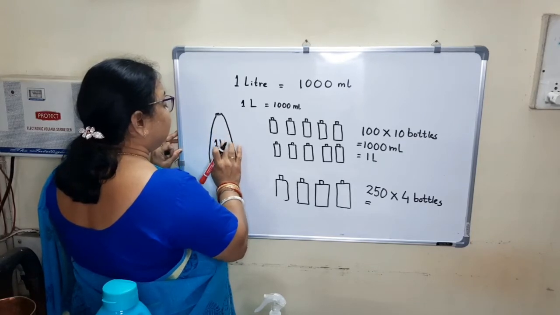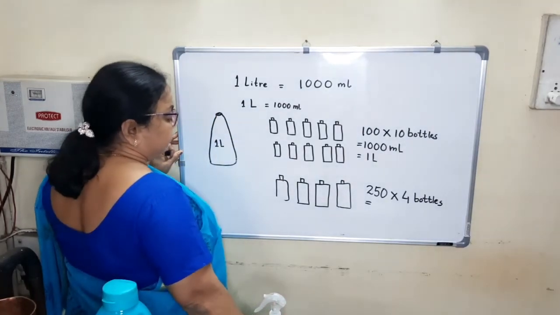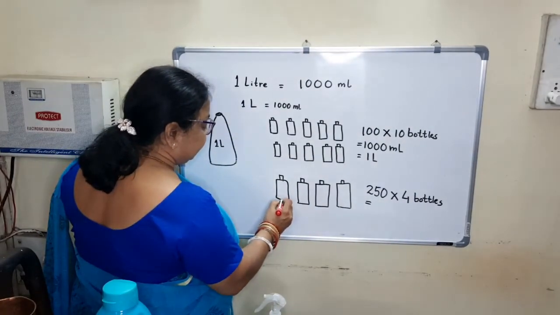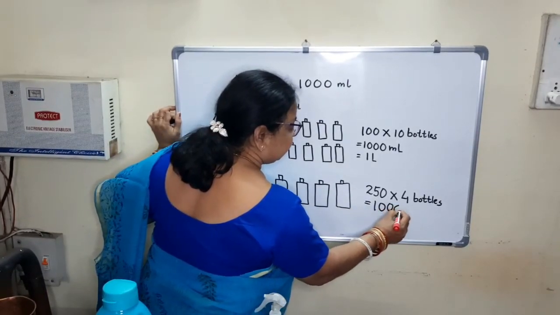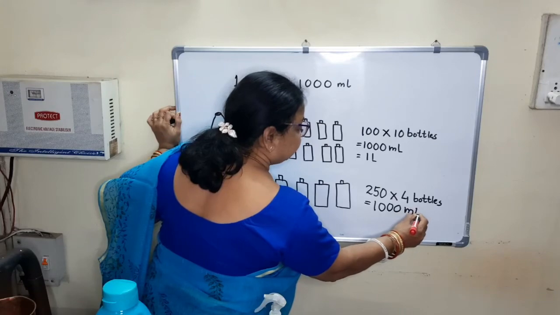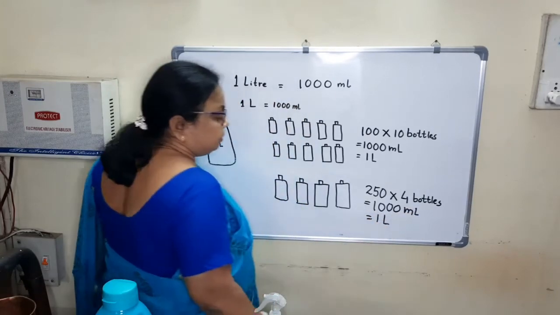It will fill 1 liter of this container. That means 1000 milliliter is equal to 1 liter, children.